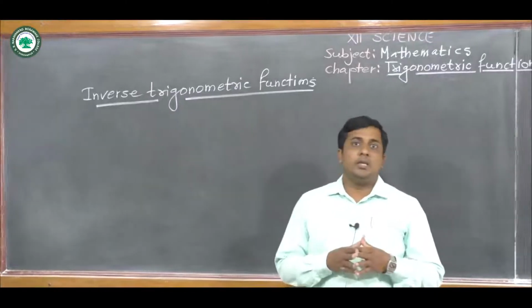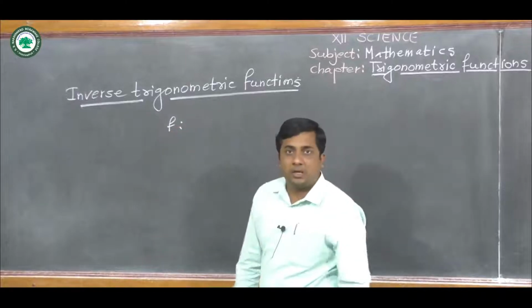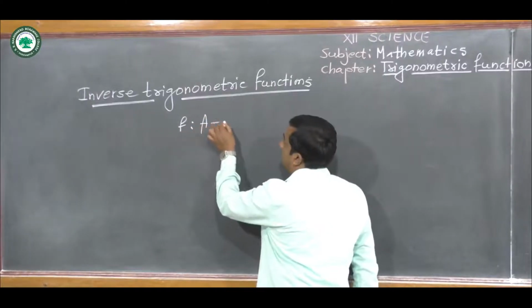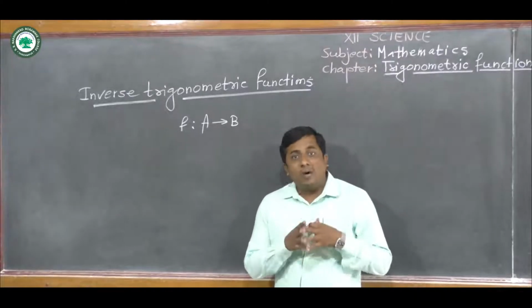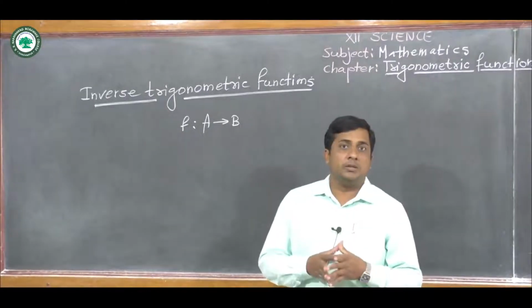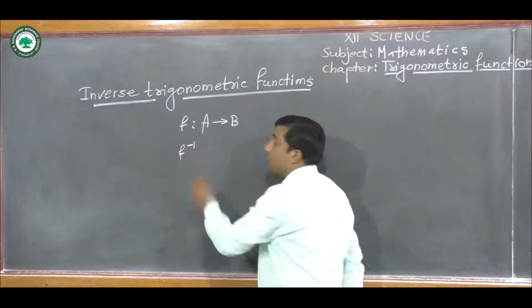For this, we know that if f is the given function from A to B, then we define the inverse of the given function, and we use the notation f inverse.